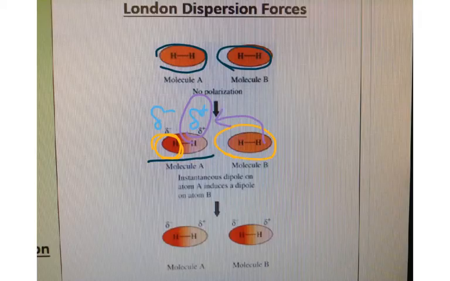So all of the electrons rush over to the left because they are attracted to the positive charge of the particle on the left, for a temporary moment. So this right here is when they actually exhibit that attraction, because this side now has a positive and this side now has a negative. They will have that attraction that exists between dipole particles, or two polar molecules.